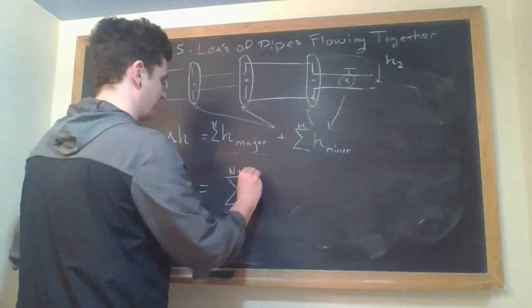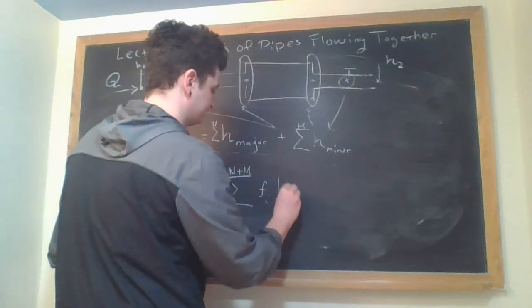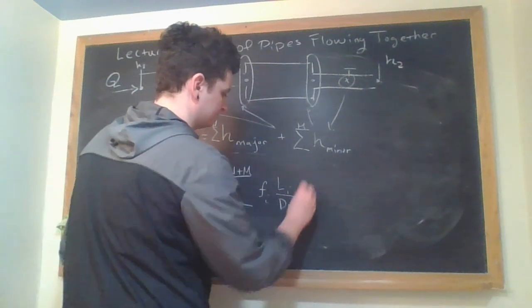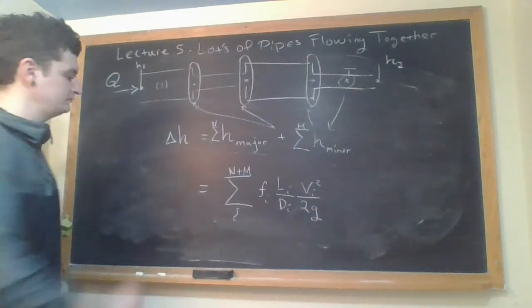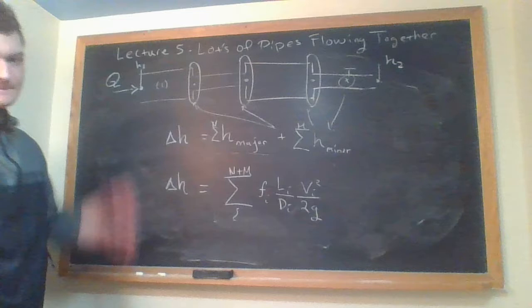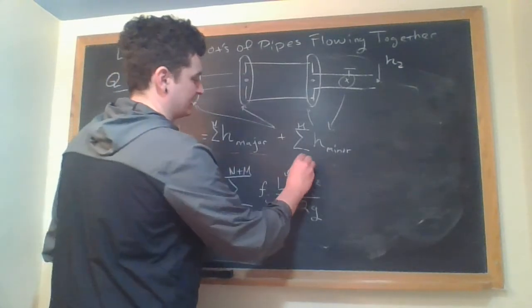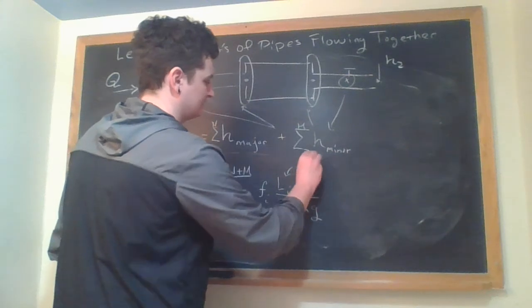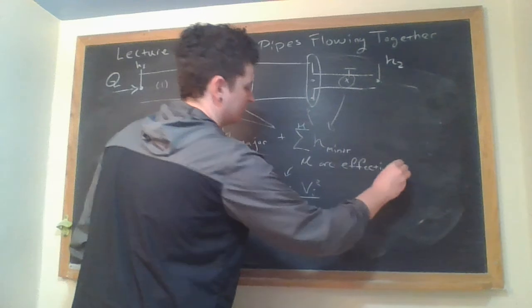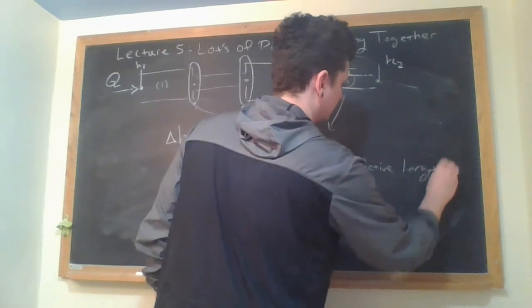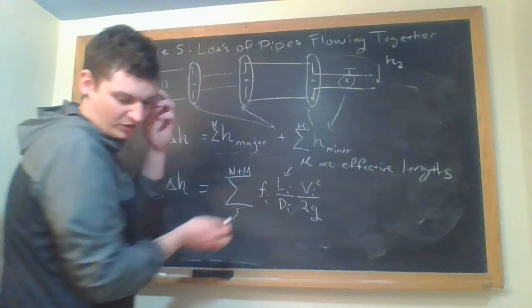I have N plus M components, but some of these, M of them, are actually effective lengths, so you just have one form to keep track of.